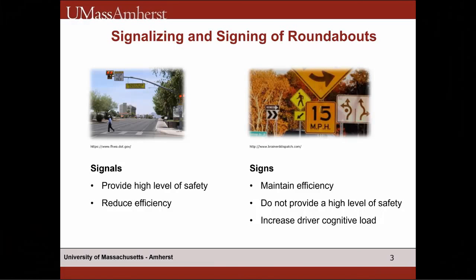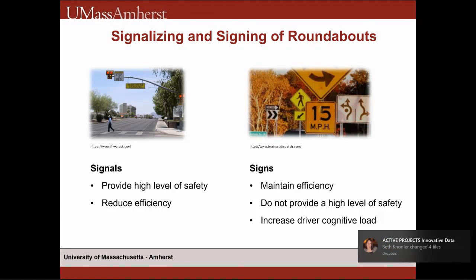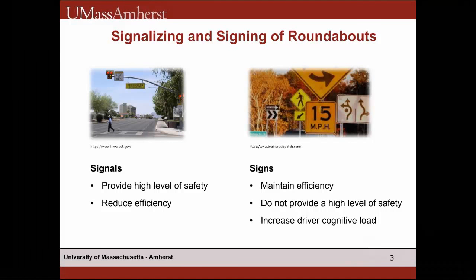We tried to improve the awareness and yielding behavior of the driver. So we are trying to find a middle ground: improve the safety, and keep the efficiency and operation of the roundabout.